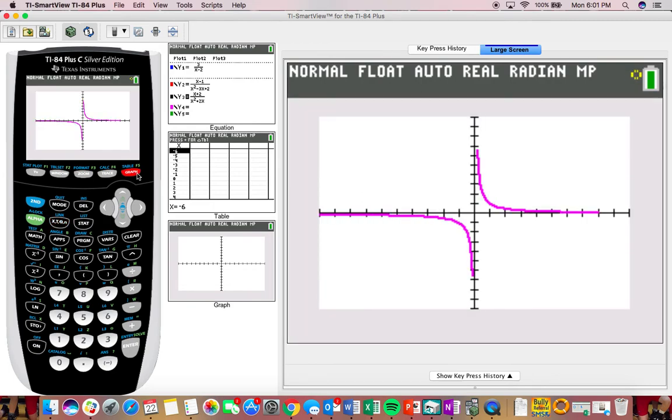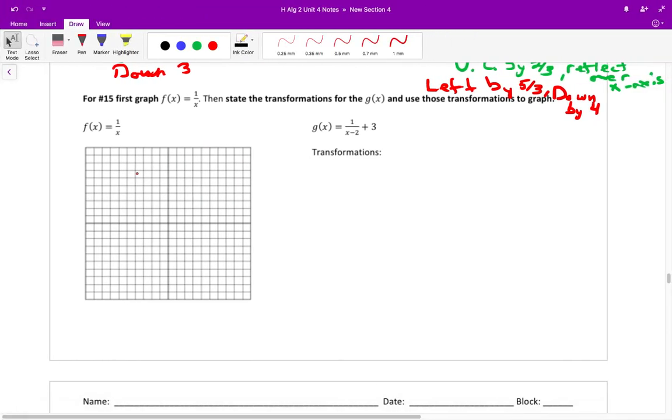So it looks like I've got a horizontal asymptote at y equals 0, and then a vertical asymptote at x equals 0. Looks very familiar to number 3 from the notes that we just did not too long ago. But let's go ahead and graph in those asymptotes first. So my first asymptote is right here through y equals 0.